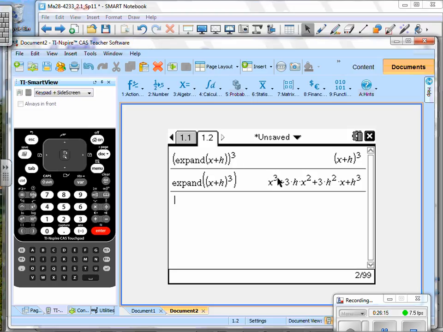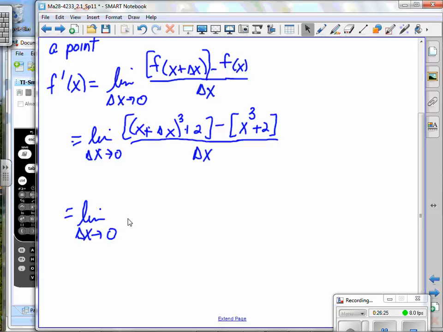So we've got x cubed plus 3x squared delta x plus 3x delta x squared plus delta x cubed. Okay, so let me expand that here.